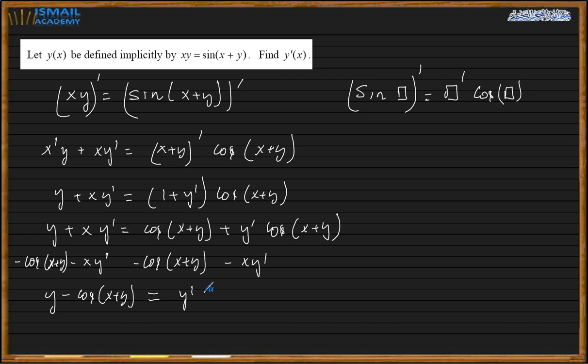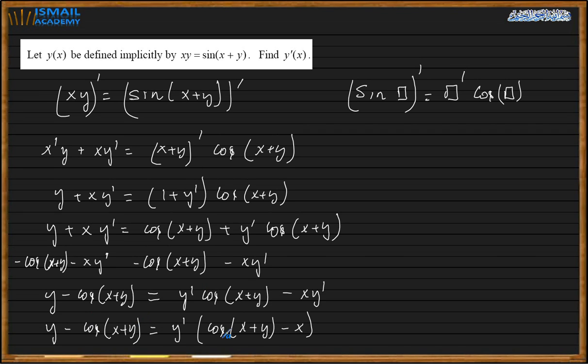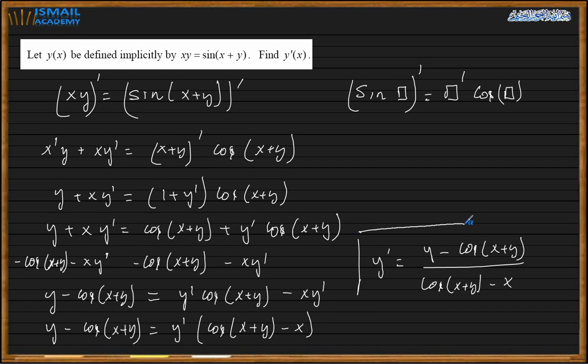Now I take y prime as common factor and divide both sides by it. So we end up with y prime equal y minus cosine of x plus y over cosine of x plus y minus x, and this will be your answer.